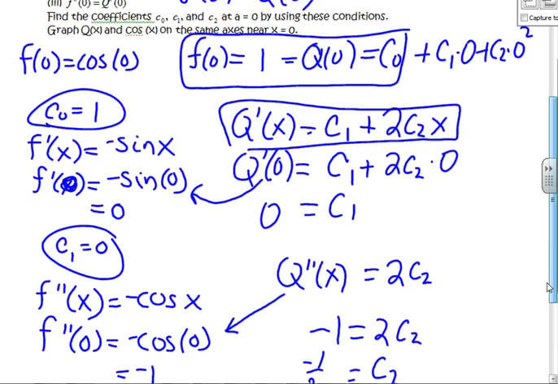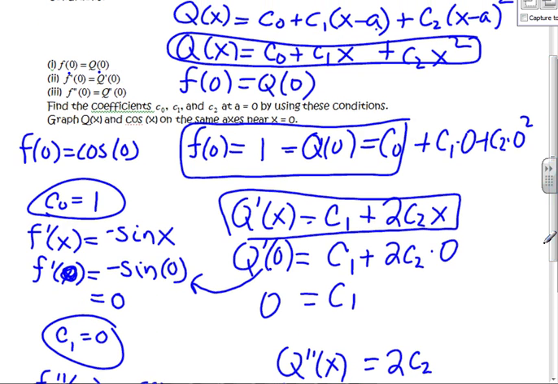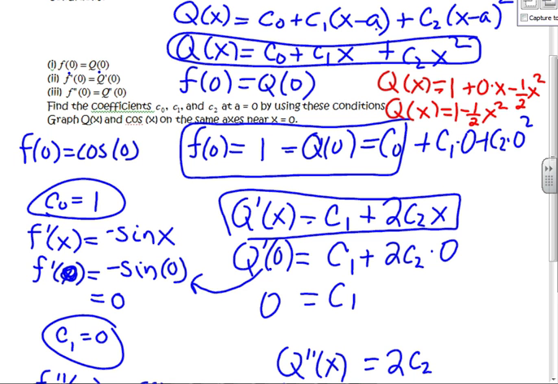Just substitute it into this little formula right up here. So q of x is equal to C0, which was 1. C1 is 0. But why don't I go ahead and write it? 0 times x. C2 is negative 1/2 of x squared. So this looks like 1 minus 1/2 x squared.